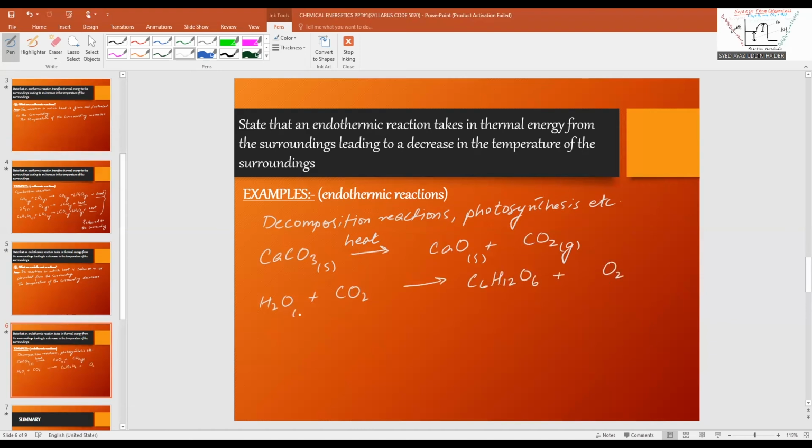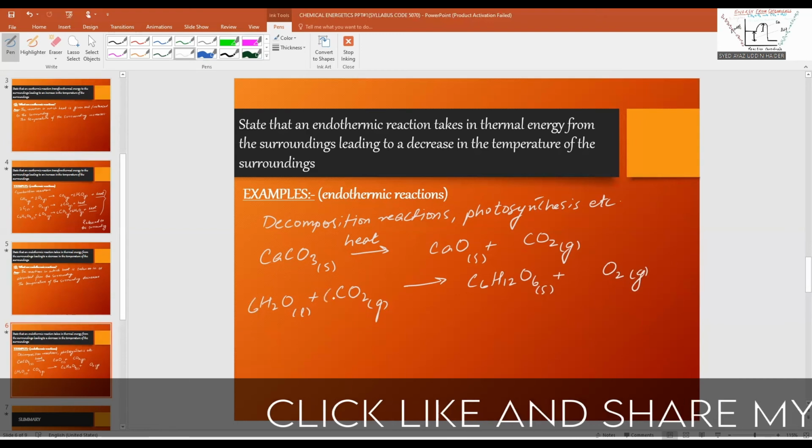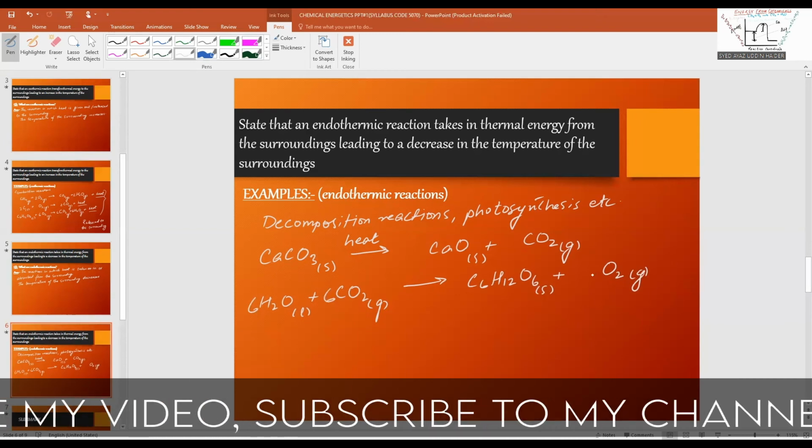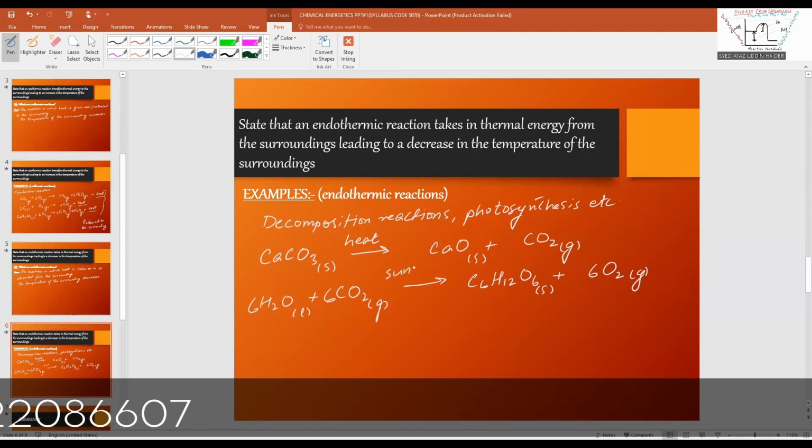First of all, let me write the state symbols. Let's see each equation is balanced or not. This is not balanced. And here, sunlight is the source of energy.